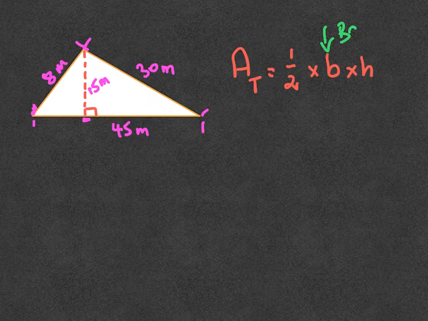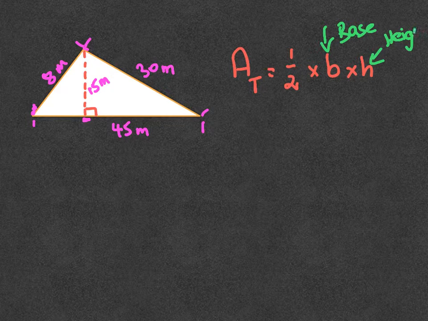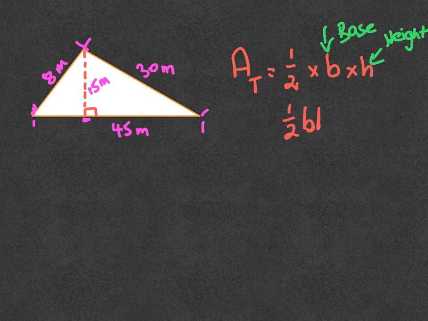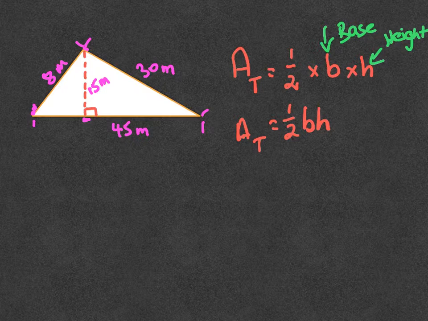This means base, the base of the triangle, and this is height. More correctly though, you'll often see it written as 1/2 BH. It essentially means the same thing, but it is a lot more concise to write it in this fashion.